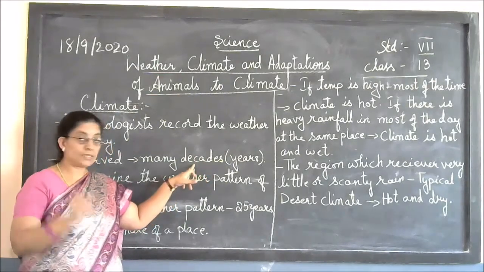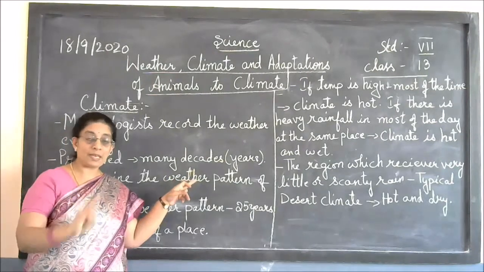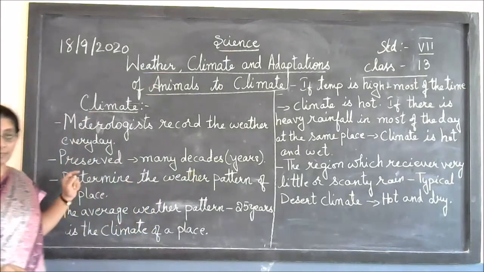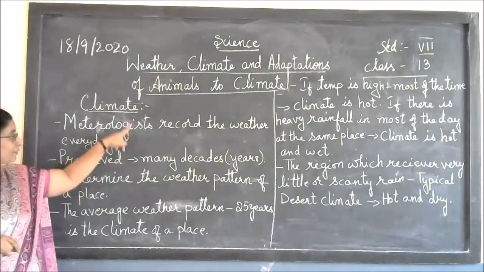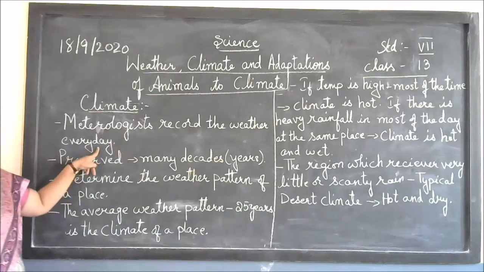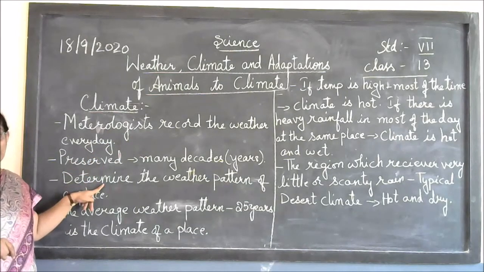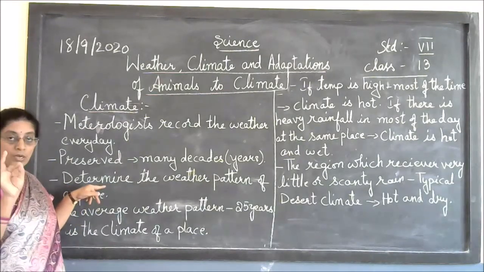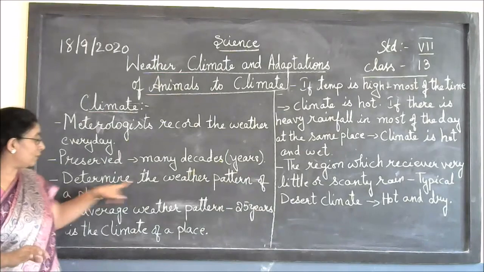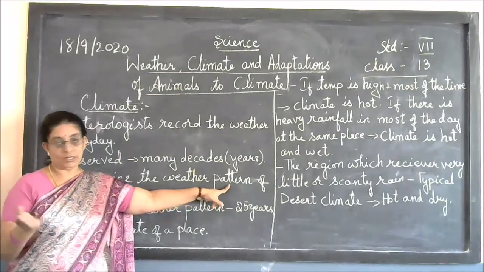So imagine every day's weather report. They will preserve it and keep it for years together. Only then can they decide the climate of a place. With the help of these preserved weather reports, they determine, which means it will tell you correctly, the weather pattern of a place, how the weather changes.